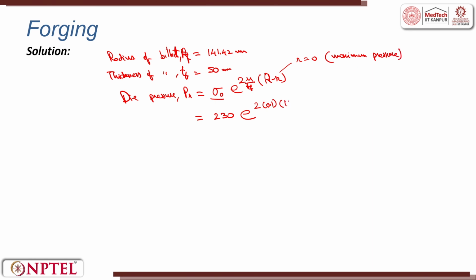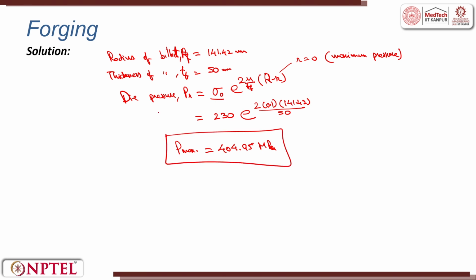This into 141.42 by 50, which gives me P max is equal to 404.95 megapascal.